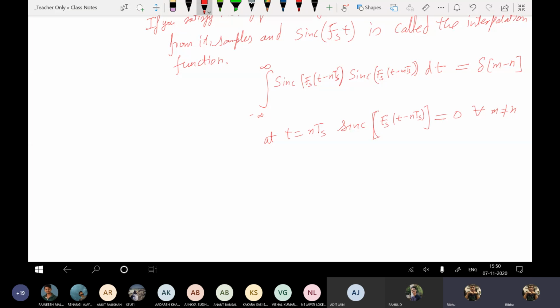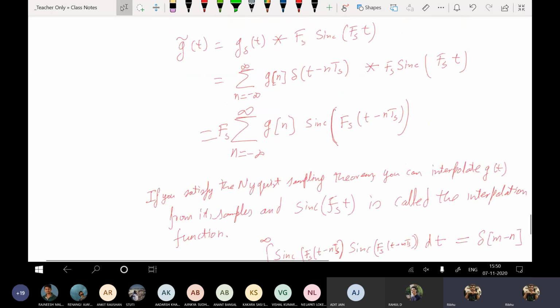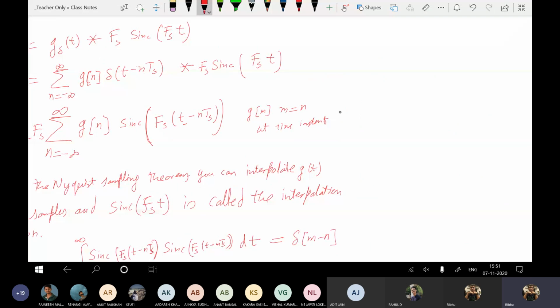And the important property is that if you look at this function, at t equals nTs this will be 1, and the contribution of all the other g(m), m not equal to n, at time instant n will not contribute to g(t) at all.